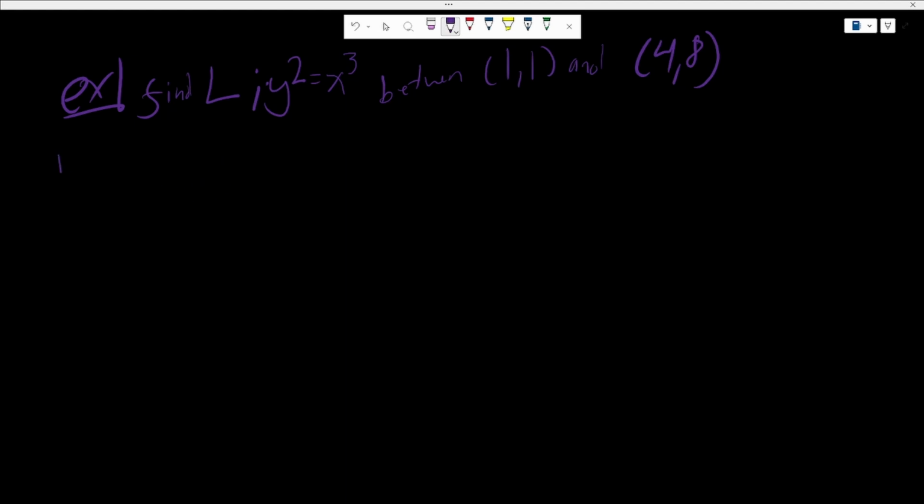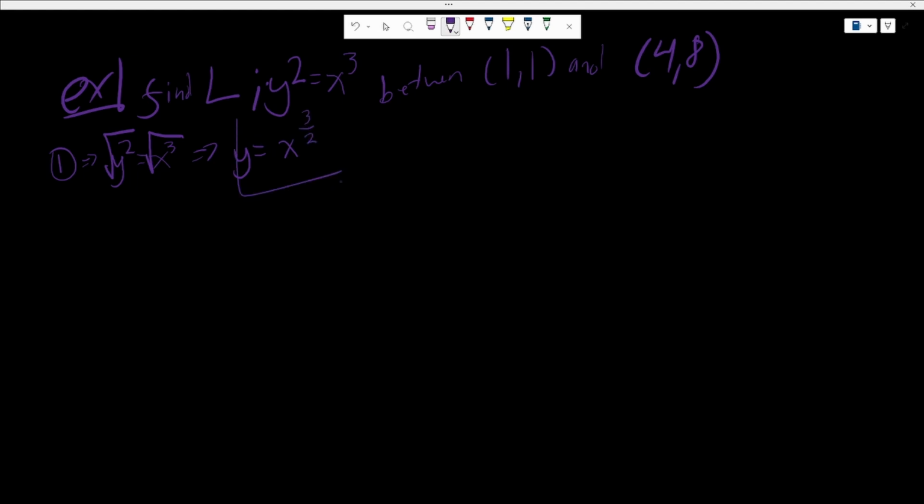So for the first step of this problem, I would say let's define our y function, y squared is equal to x cubed, in just terms of 1 y. So right now it's y squared. Let's just get it to y. So we can just square root both sides to get y is equal to x to the 3/2 power.